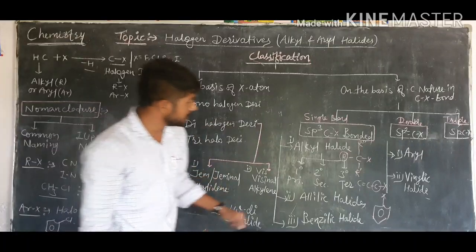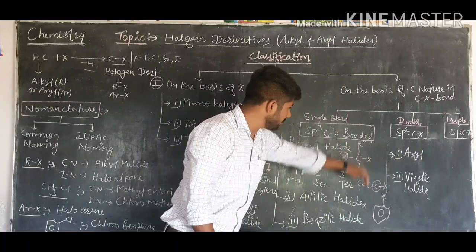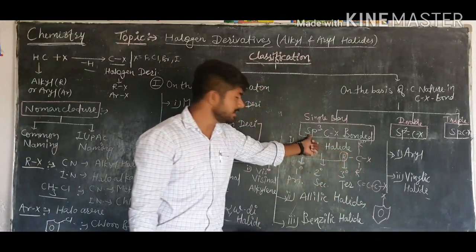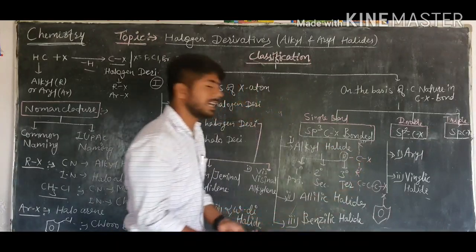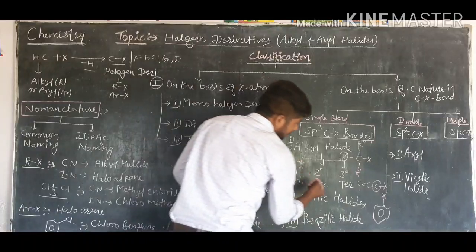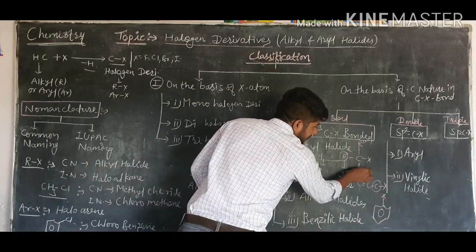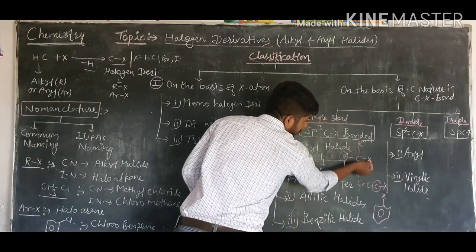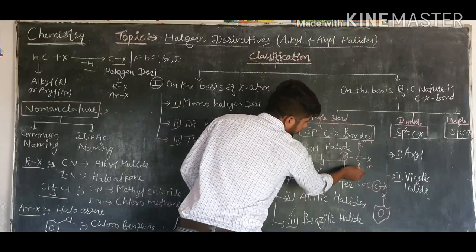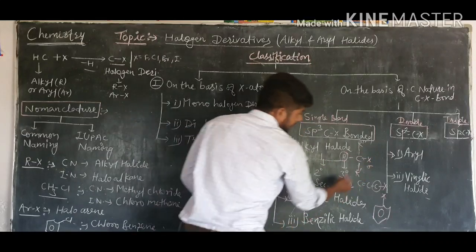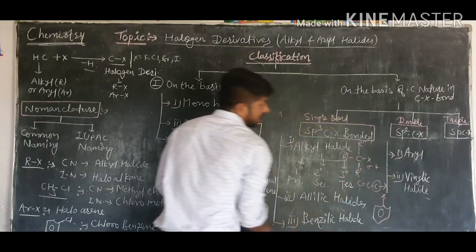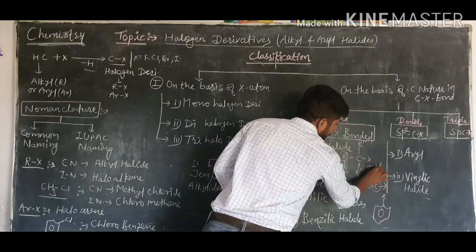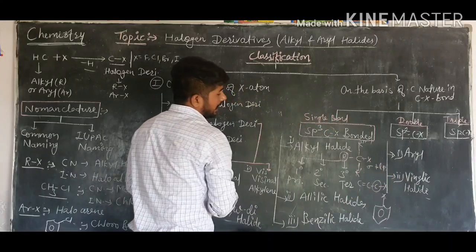So we confirm that in this compound the halogen-attached carbon is sp3 hybridized. How? We can see that there are 4 sigma bonds and no lone pair of electrons, so hybridization will be sigma plus lone pair of electrons.